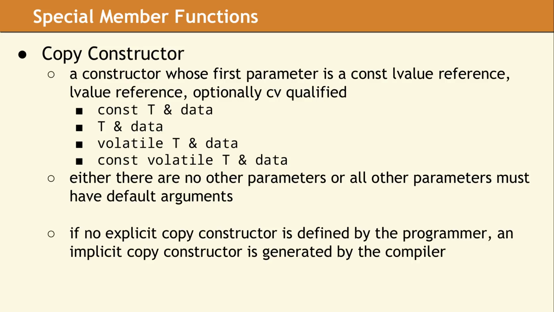A copy constructor can have multiple parameters as long as every one but the first has a default argument. If you do not declare a copy constructor, one will typically be generated by the compiler. If you wish to suppress the copy constructor, you may want to explicitly specify equals delete so that the intent is clear both to the compiler and to other programmers reading your code.